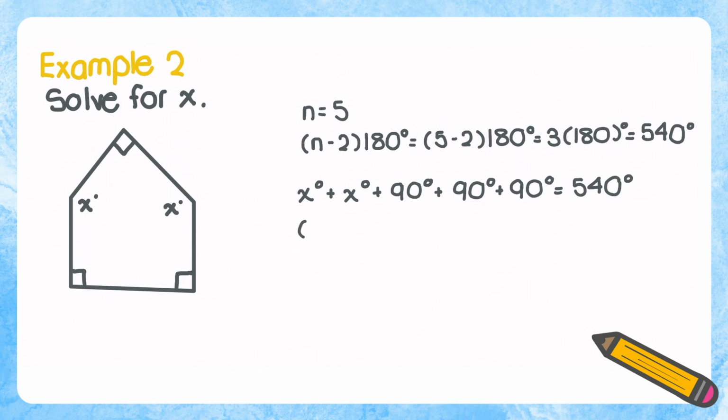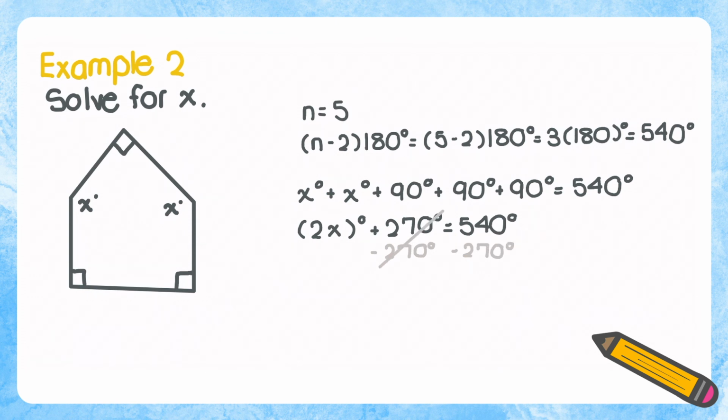And let's simplify this by combining like terms. I get that 2x degrees plus 270 degrees equals 540 degrees. Next, I'm going to subtract 270 degrees on both sides.